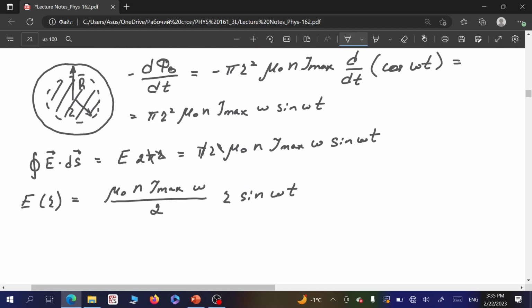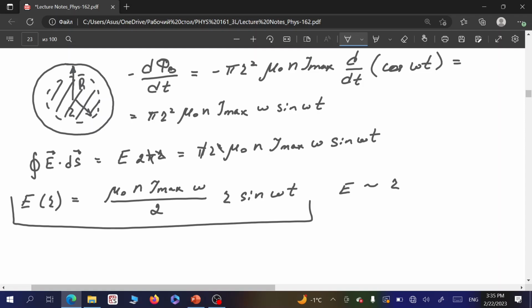And here we see from this expression for the induced electric field inside the solenoid that the induced electric field is linearly proportional to the distance.